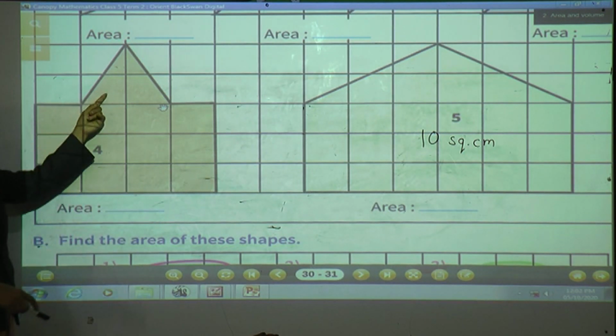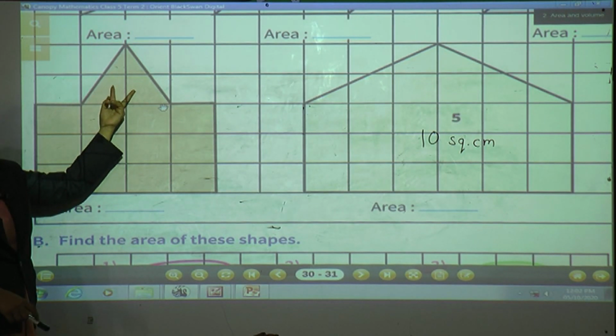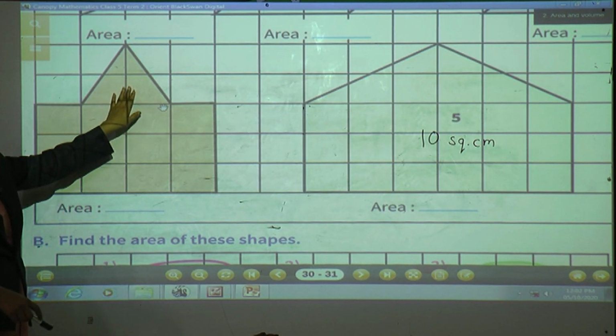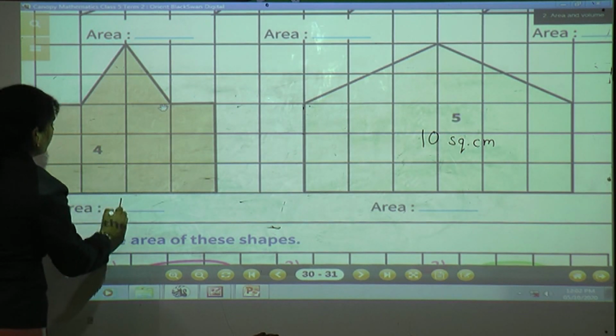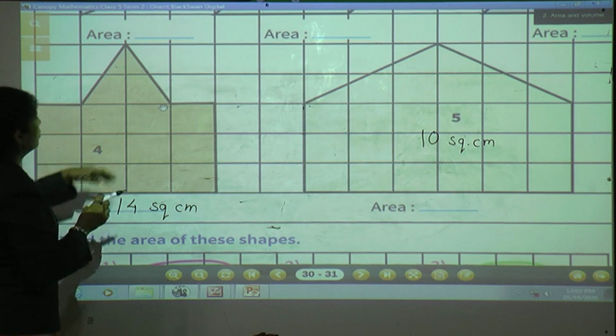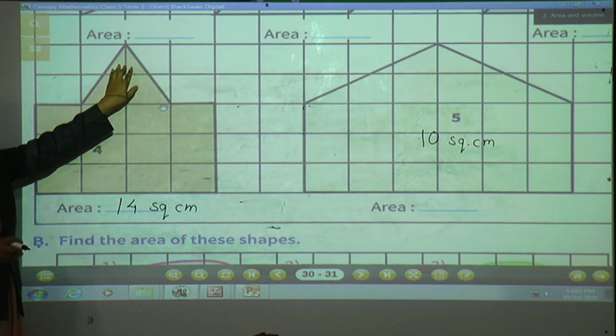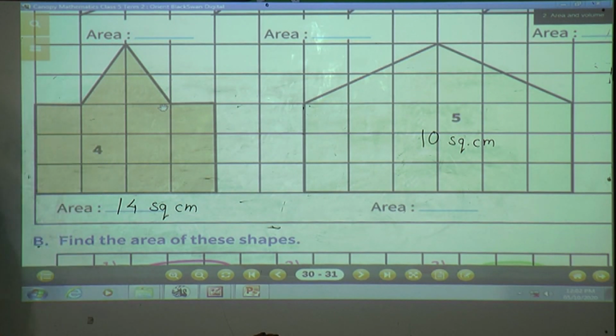And here, these two squares are more than a half. That's why take it as a full. So the answer is this 12 plus 2 is equal to 14 square centimeter. Don't count these two because these are less than the half. Now fifth one.